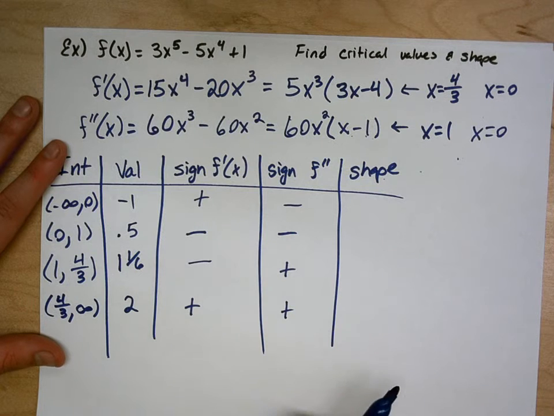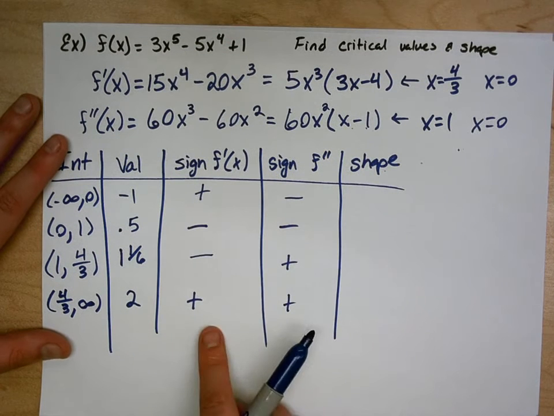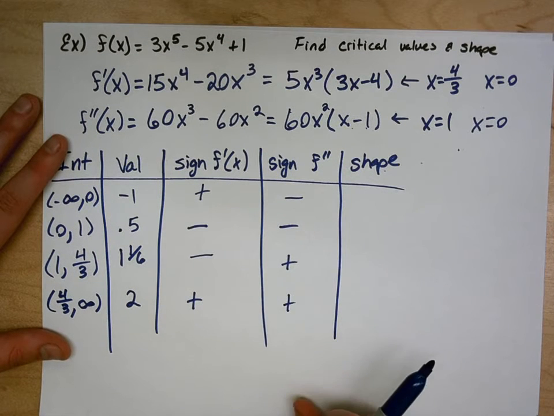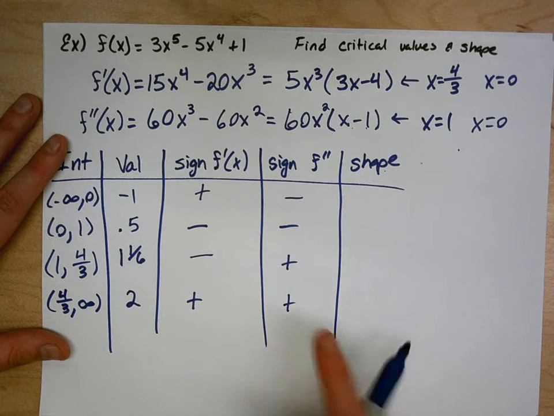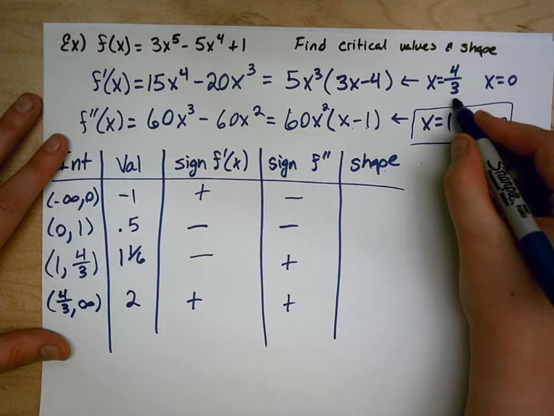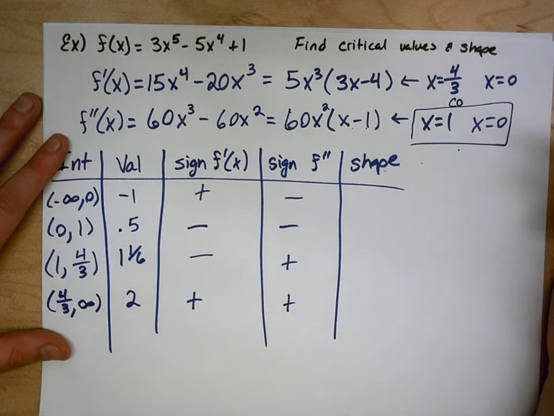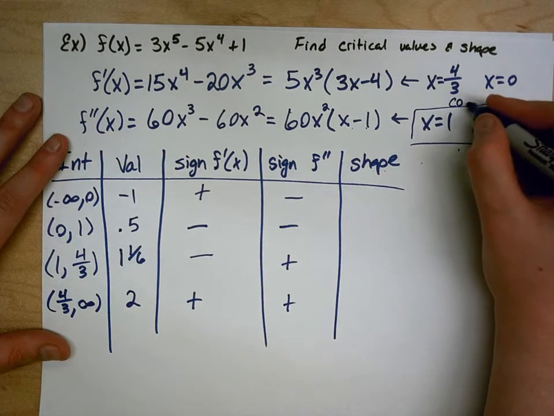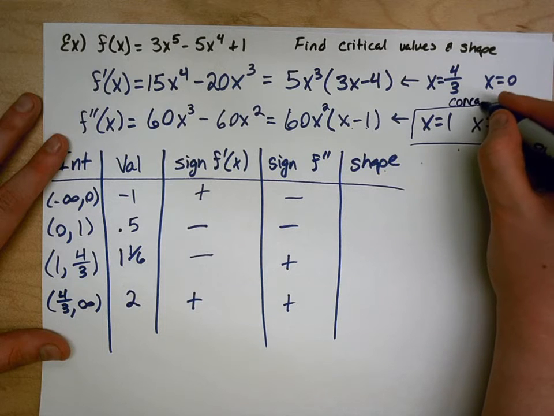On some of your homework problems, you're only going to be required to do one or the other, depending on how much information they're asking for. So if they're only asking for concavity, you only need to look at these values for concavity.